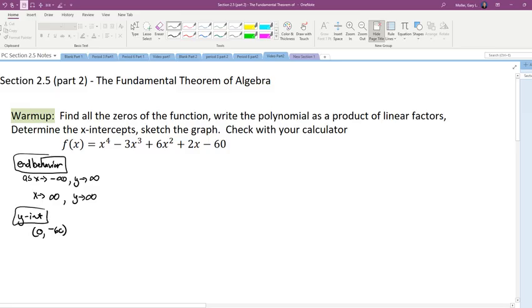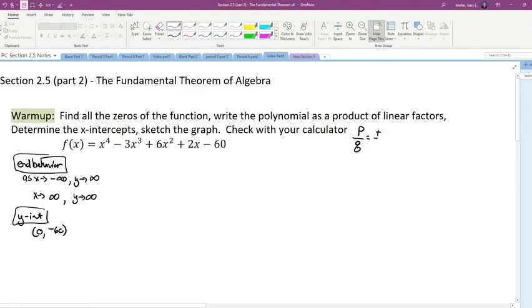And that, of course, is the part that's the most time-consuming, because now we need to guess and check to find those zeros since we don't know how to factor this by hand. So we are going to use the rational zero test. So factors of p over q, which is just going to be the factors of 60, since q is 1.